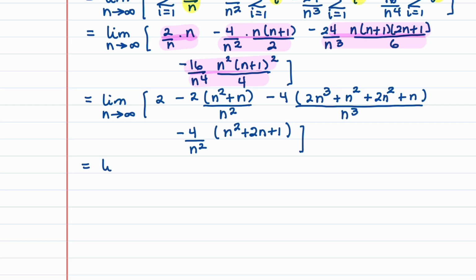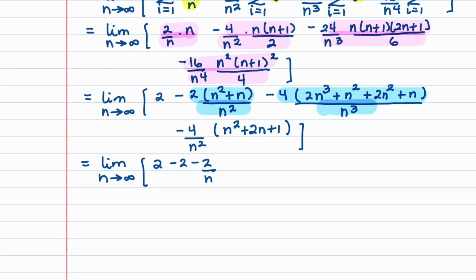Now let's see what we have. We have the limit as n goes to infinity. We have 2. Now let's look at this term. This gives us a minus 2 minus 2 divided by n. Now we'll look at this term. This gives us a minus 8 minus 4 over n minus 8 over n.